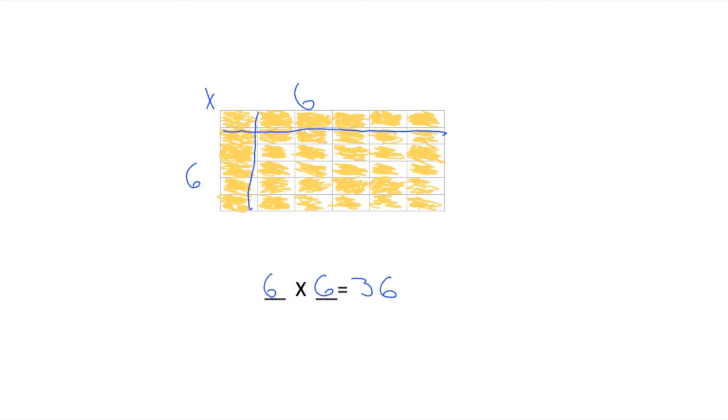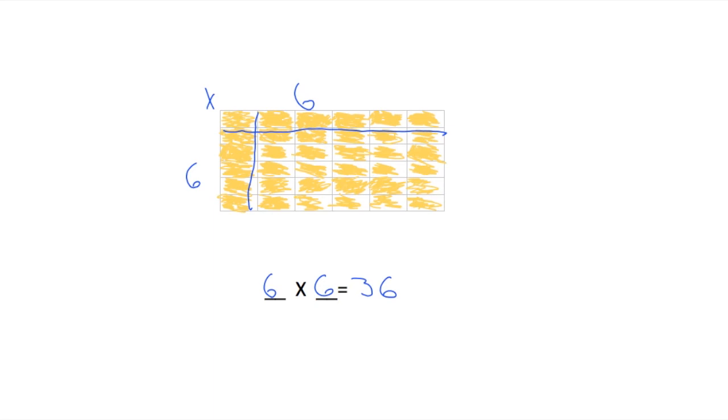But don't worry, if you don't know your multiplication facts, study them and you'll easily get them by heart. Okay? That's our first way of doing an array. I encourage you to use this method, how I drew it out, so you can see clearly instead of getting all of these squares mixed up in the middle.